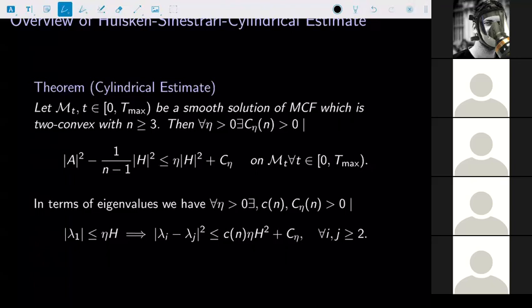In terms of eigenvalues, it says that if you have one eigenvalue which is small compared to the mean curvature, then the remaining eigenvalues are becoming close to each other, which is exactly what's happening with a cylinder, because a cylinder has one zero eigenvalue and all the other eigenvalues are equal to each other. So that's why it's called a cylindrical result as well.